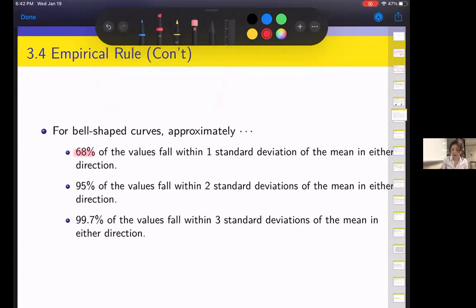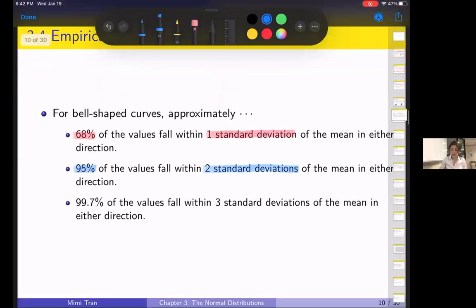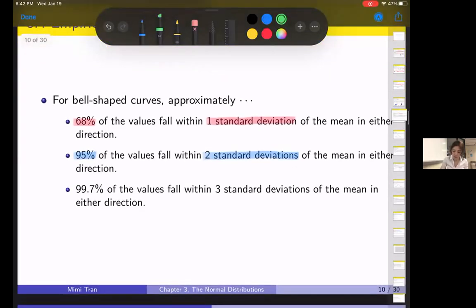Roughly 68% of the values fall within 1 standard deviation of the mean in either direction, 95% of the values fall within 2 standard deviations of the mean in either direction, and then 99.7% fall within 3 standard deviations of the mean in either direction. So what do these sentences mean?